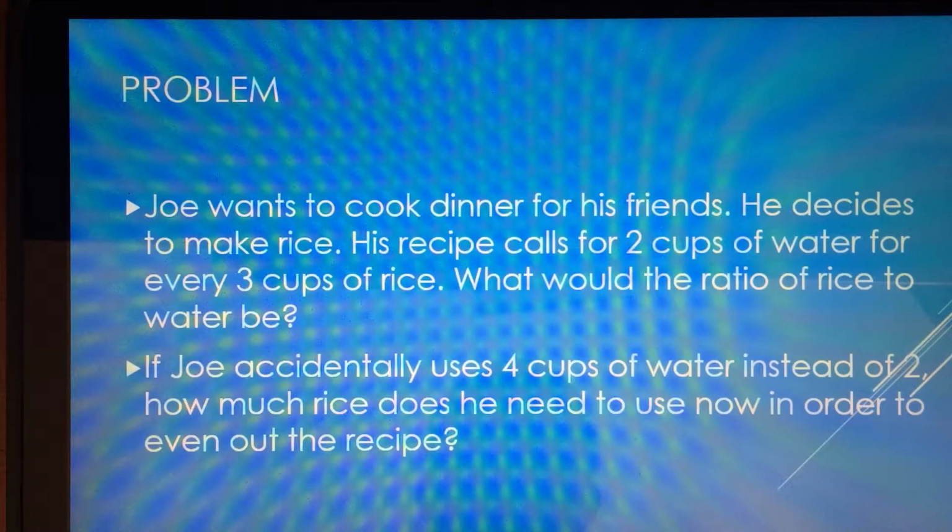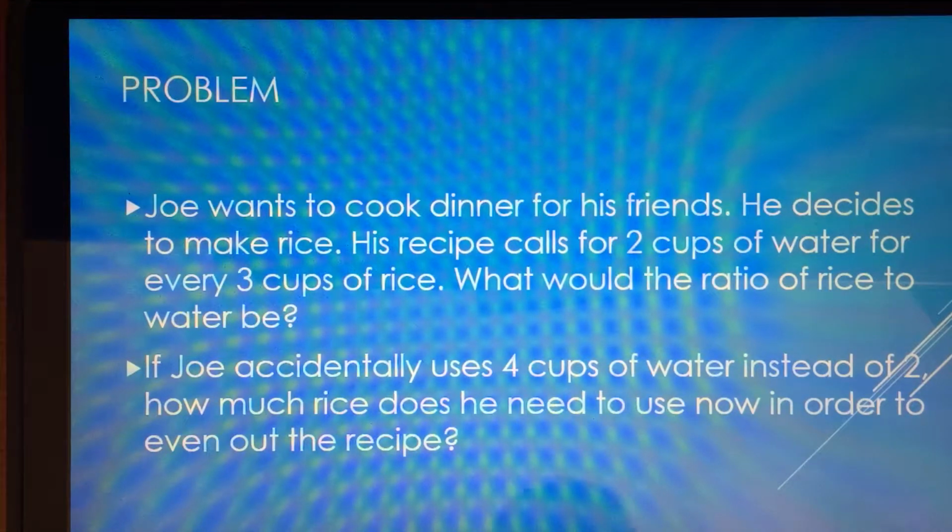In this case, for rice to water it would be 3 to 2. If it was water to rice it would be 2 cups to 3 cups, but in this case it's 3 to 2. And then, if Joe accidentally uses 4 cups of water instead of 2 cups, how much rice does he now need to use in order to even out the recipe?